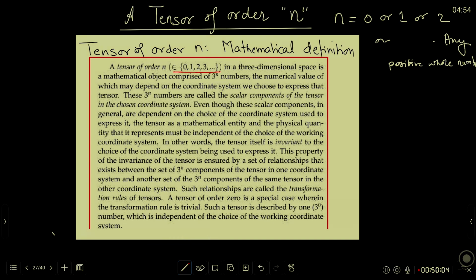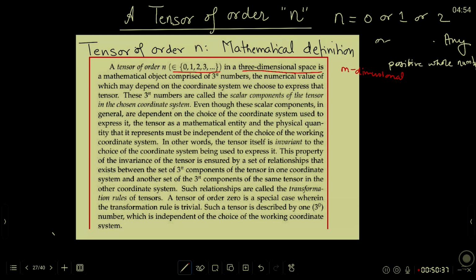Again, mathematically one can define a tensor of order n in any m-dimensional space as well. I am not bothered about m-dimensional space. I am only concerned about three-dimensional space right now, because all mechanics, motion of objects is going to happen in three-dimensional space, classical mechanics. So a tensor of order n in three-dimensional space is a mathematical object comprised of 3 raised to the power n numbers.